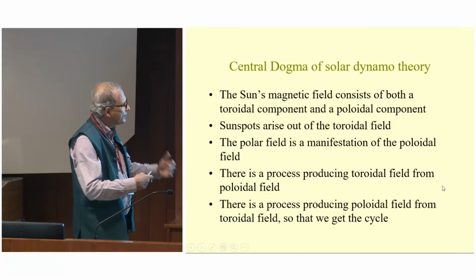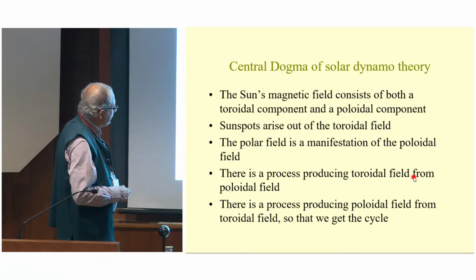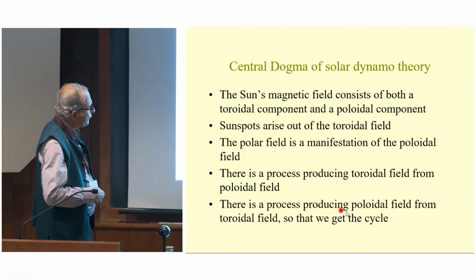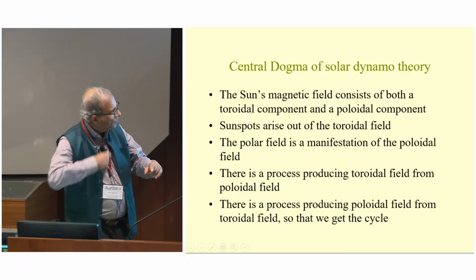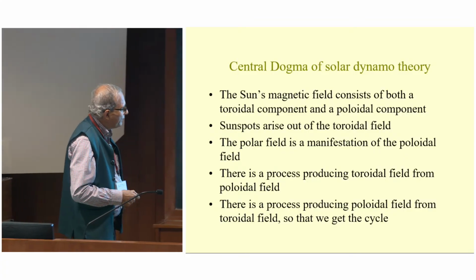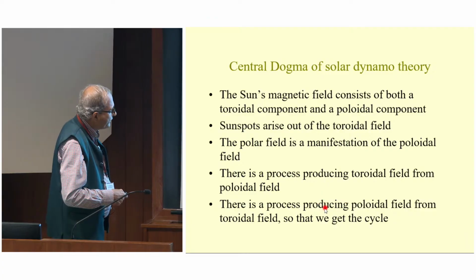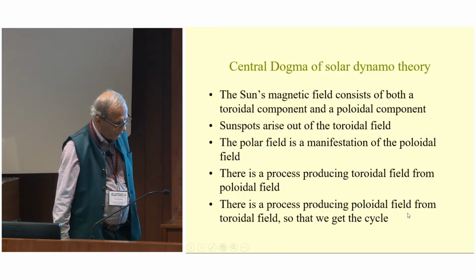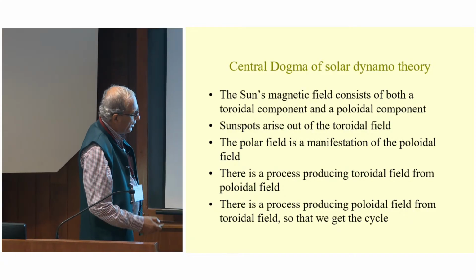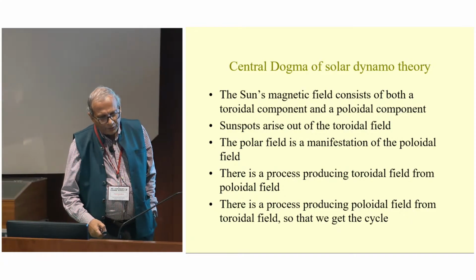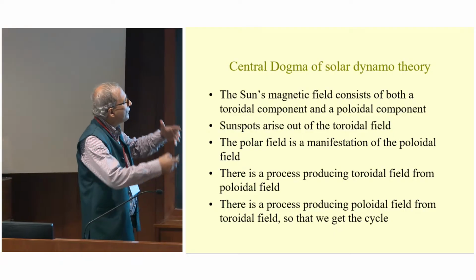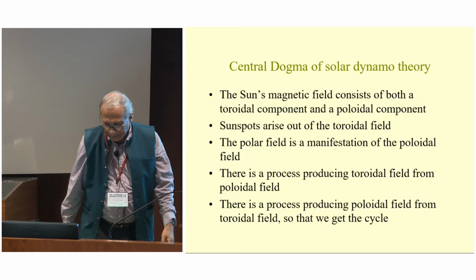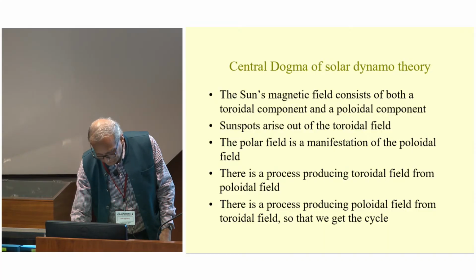And since we have an oscillation between them, there must be a process producing the toroidal field from the poloidal field, and to complete the cycle there must also be a reverse process producing the poloidal field from the toroidal field. Now our job should be to make a mathematical formulation of this central dogma using the basic principles of physics.